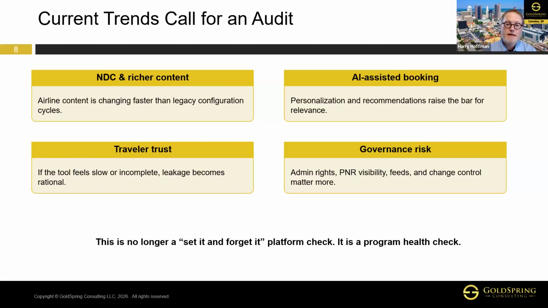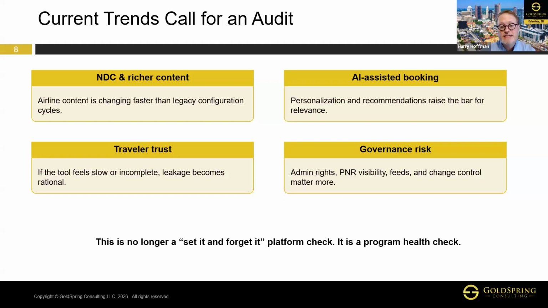Another reason is traveler trust. That's always been the biggie, making sure that your travelers have confidence in your tool, buy-in in the tool, that it's not feeling slow, and that the content is showing exactly what they want to see. AI has been a big thing for over a year now. As OBTs evolve, they're having more and more AI presence. So make sure that is also incorporated if that's a feature of your online booking tool.